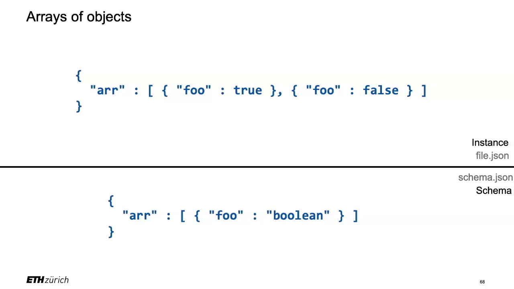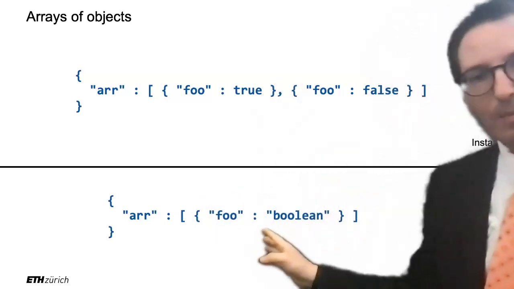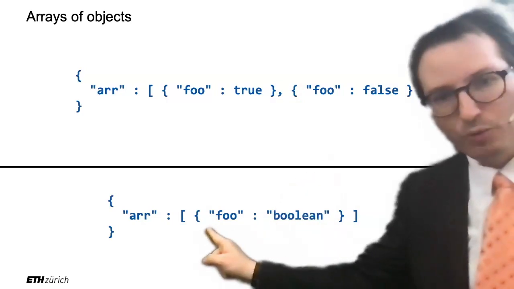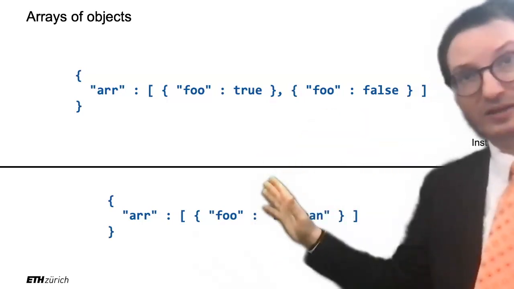So the meaning, let me explain the meaning, and then you will tell me if that answers your question. When I put in my array, the square bracket means that it's an array of objects here. And this means that every one of the objects that is in there must have either one key foo or no key at all, but not more than that.